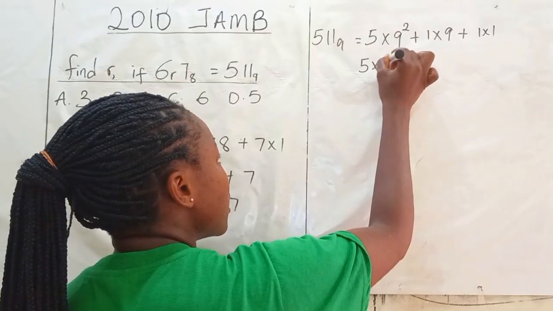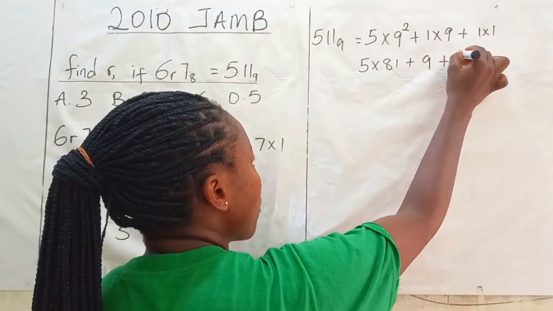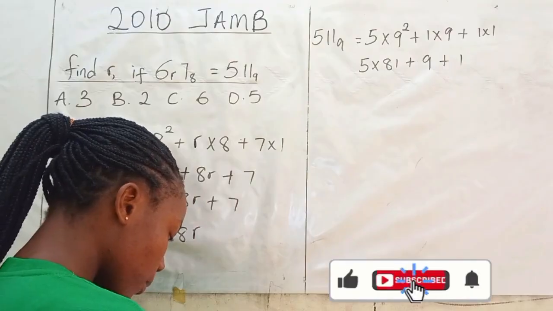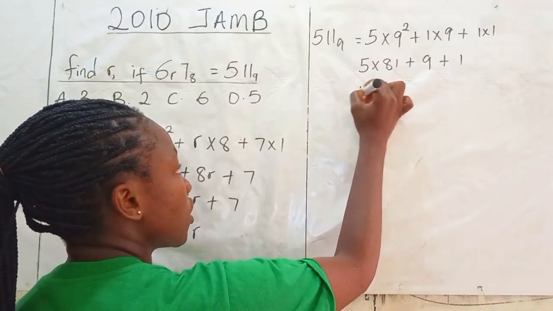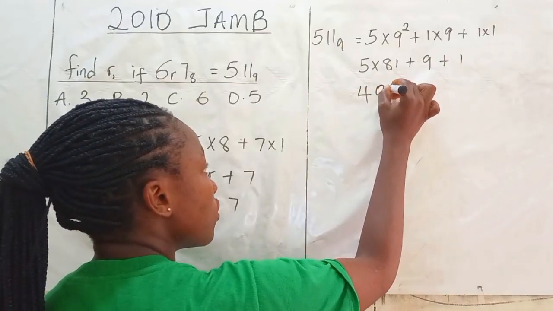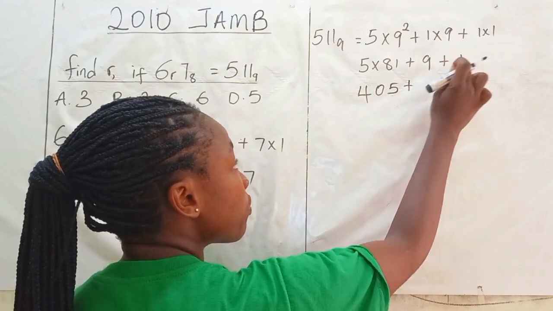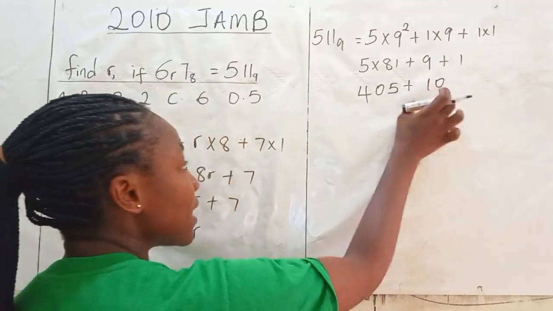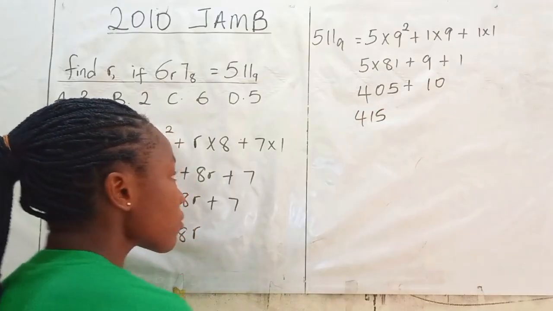That is 5 times 81 plus 9 plus 1. 5 times 81 will give us 405, plus 9 plus 1 will give us 10. So adding these two, we are going to have 415.